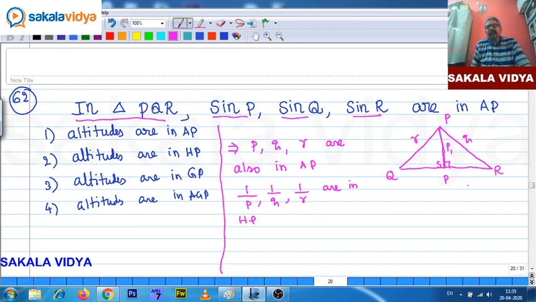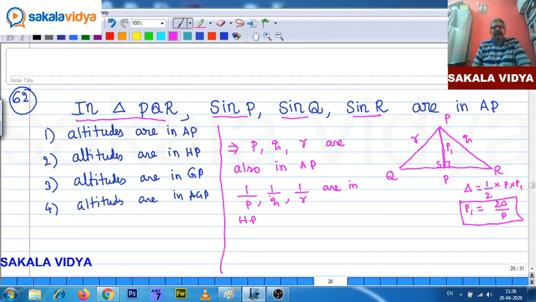So area of the triangle delta is equal to half of base p into height p1. So now p1 is equal to 2 delta by p. Similarly, p2 is equal to 2 delta by q. p3, the third altitude, is actually 2 delta by r.